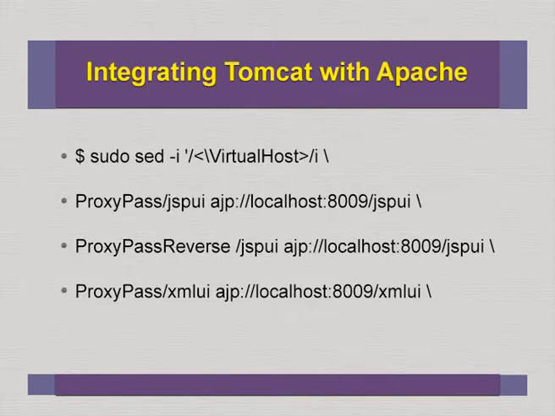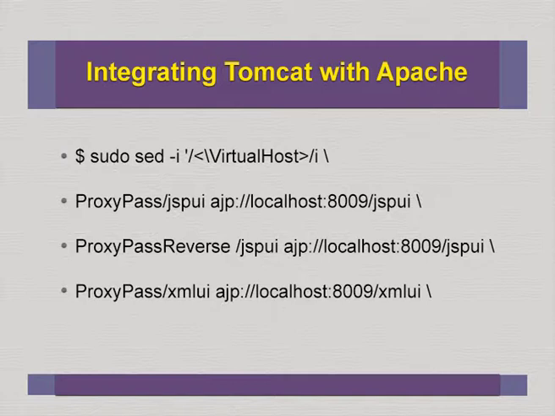So, integrating Tomcat and Apache, that is to avoid this 8080 every time, what you can do is configure Apache in such a way. If you give these commands either from a terminal or from any favorite GUI based editor, you have to change the Apache configuration.